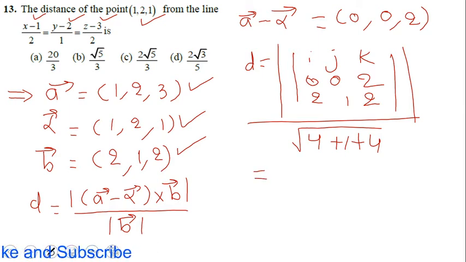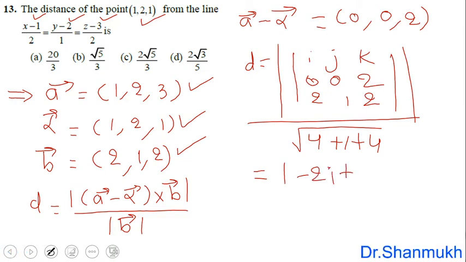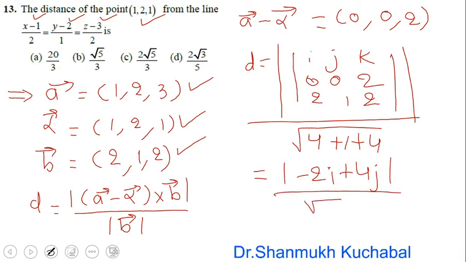So the determinant expansion gives minus 2i plus 4j, and the denominator will be root of 9.